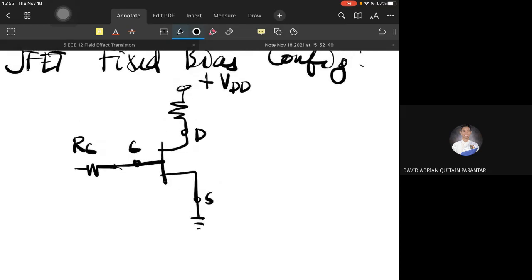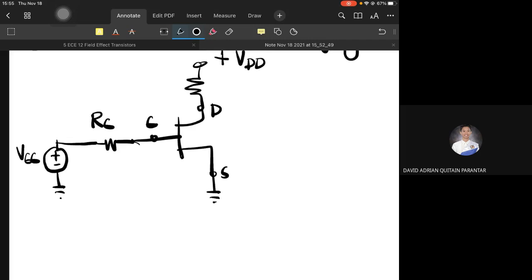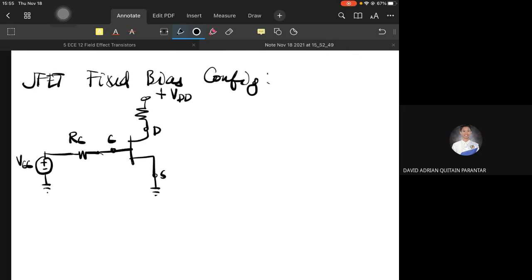But it is not connected to VDD, unlike in the fixed bias of the BJT. It has its own source that we call VGG. So this is the fixed bias configuration for a JFET.